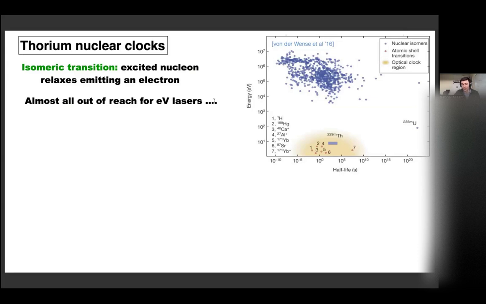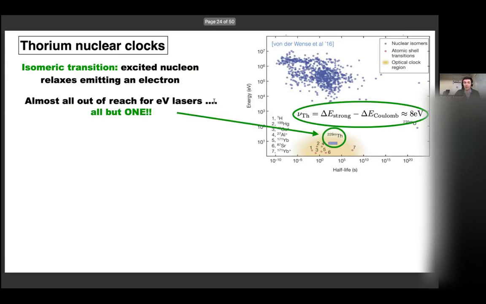Almost all are out of reach, but one candidate is actually very well in reach of current laser technology, which is basically between 1 and 10 eV. And this is a very special candidate. You can see that compared to all others for nuclear transitions, this is a very unnatural point.